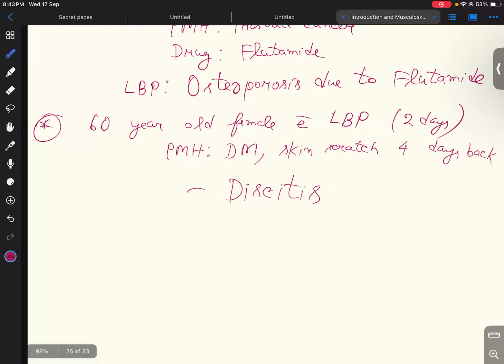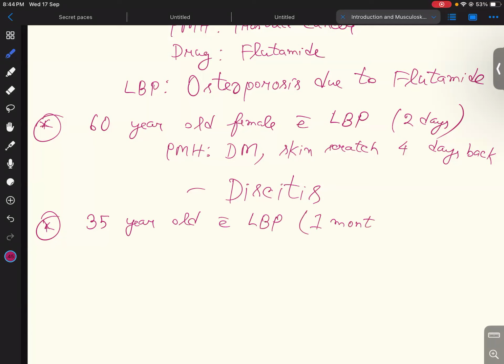Then another case. A 35-year-old lady with low back pain. This pain is for 1 month. The vitals have been given outside. The blood pressure is 150/85.